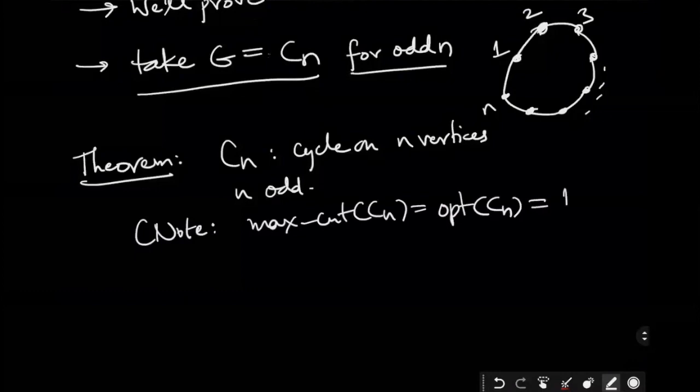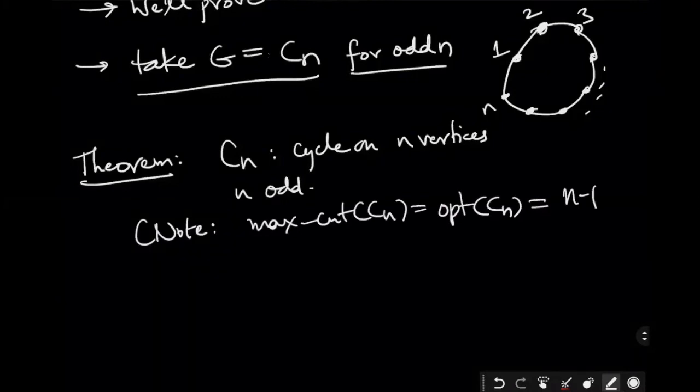So it's n-1, and the important thing to notice is that because it's an odd cycle, you cannot cut all edges. Whichever way you try to divide these n vertices into two parts, you will have to include one of the edges on one part at least. One way to think about it: let's say you start building a partition, you take 1 on one side, then you don't want to take 2 because you want to cut this edge.